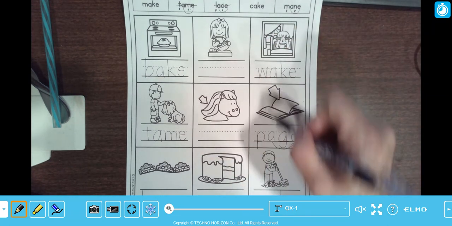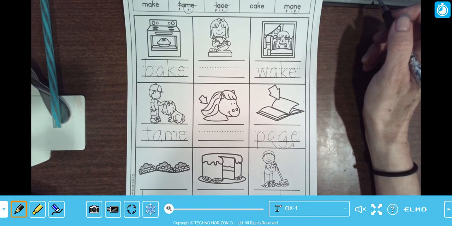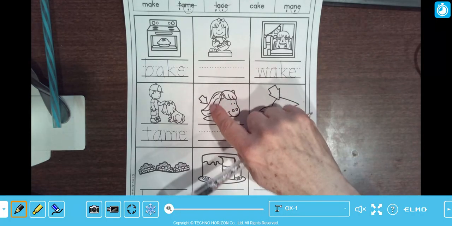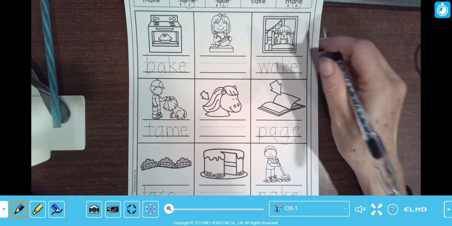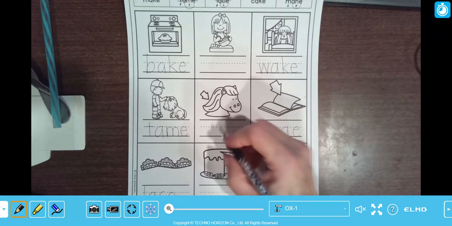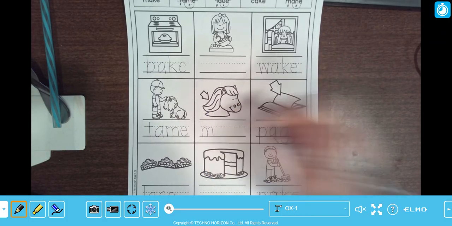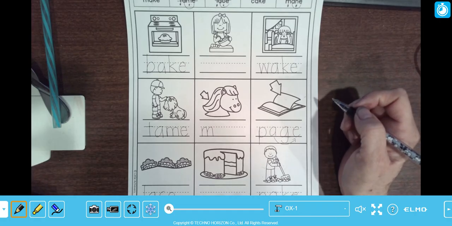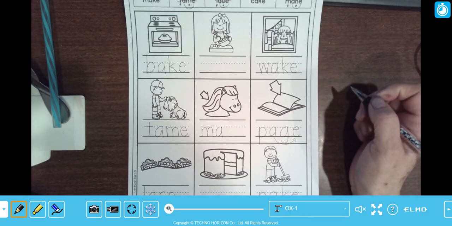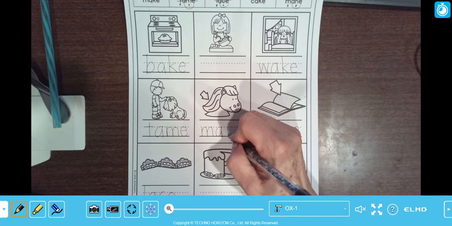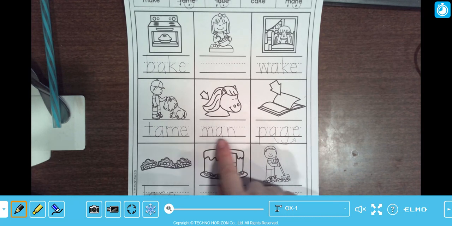So which one of these pictures shows us mane? Yeah, this one right here, right? It's pointing to the hair on the horse's head. So that's his mane. So let's write down mane here. M, and then A, and then N. Now, if we leave it like this, it's the word man.